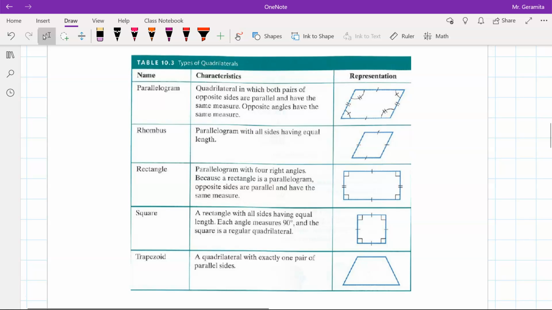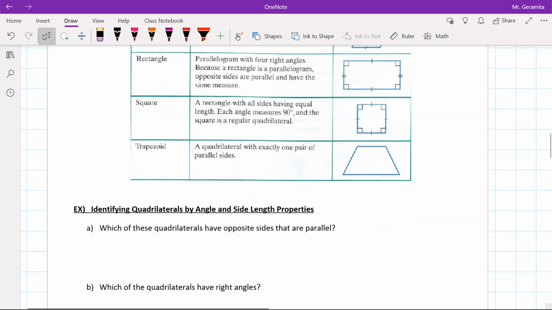Each angle measures 90. And the square is considered the regular quadrilateral. So if anyone mentions a regular quadrilateral, it's a square. A trapezoid is a quadrilateral with exactly 1 pair of parallel sides. So all the other ones above this have 2, but a trapezoid only has 1 pair of parallel sides.